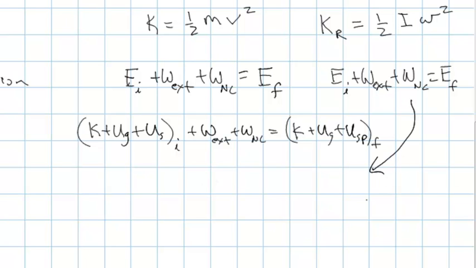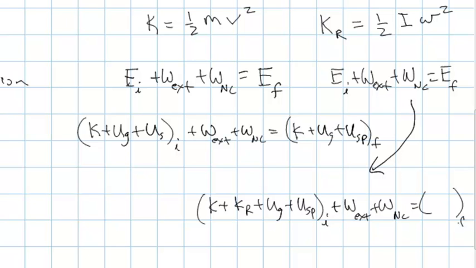I'm going to put it right here. K plus K rotational plus U sub G plus U springs at the beginning. Same thing at the end. Okay, you get the idea. We're adding one more term because our view of the world is getting a little more complex.